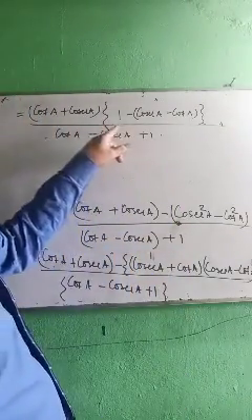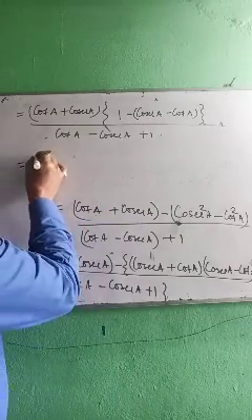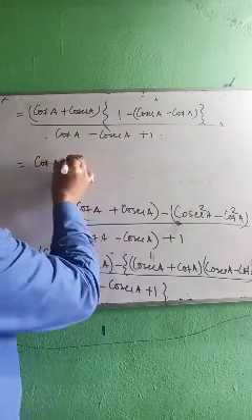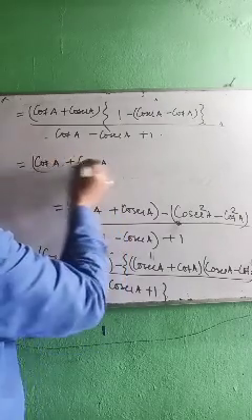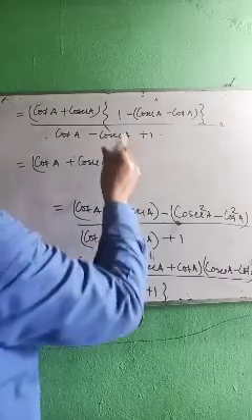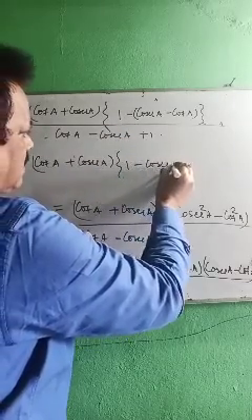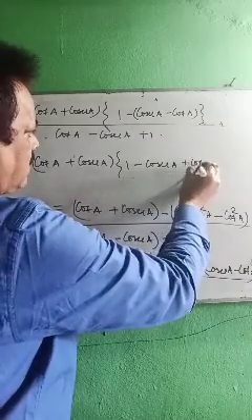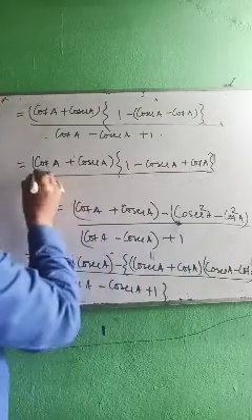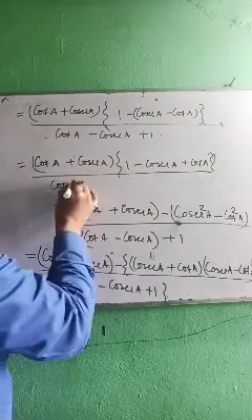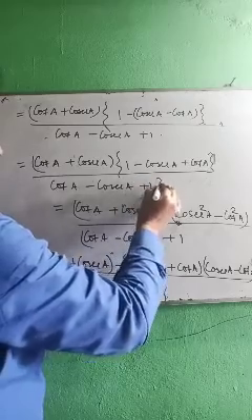Okay. Now open the bracket. So you will get cot A plus cosec A, and if you open the bracket, it will be 1 minus cosec A plus cot A, by cot A minus cosec A plus 1.